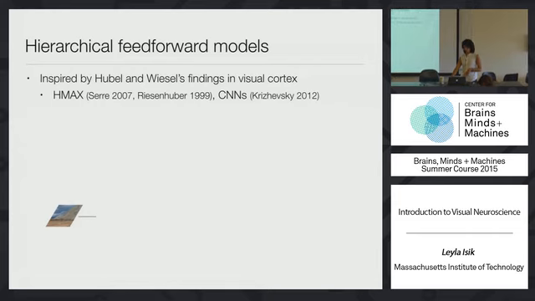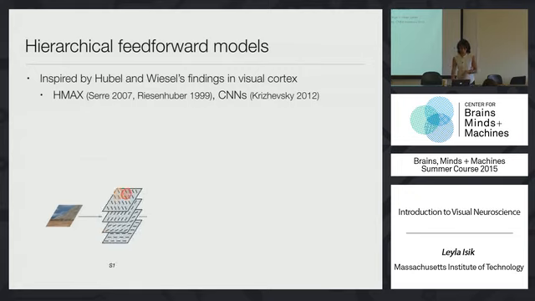I'm going to talk about the HMAX model, which is the model developed by Tommy and others in his lab, which is a simpler, more biologically faithful model, but this sort of architecture is also true of deep learning systems that you heard a lot about recently and that have had a lot of success in computer vision challenges. So you have an input image.